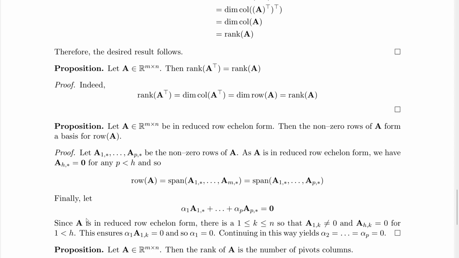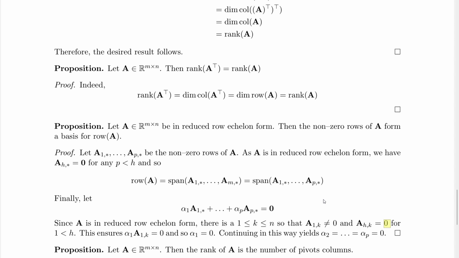Well, A is in reduced echelon form, which means that if I go to the first row, and there is a first non-zero element, the leading coefficient, then any row below it is going to have an entry of 0, right? Otherwise it wouldn't be in reduced echelon form.